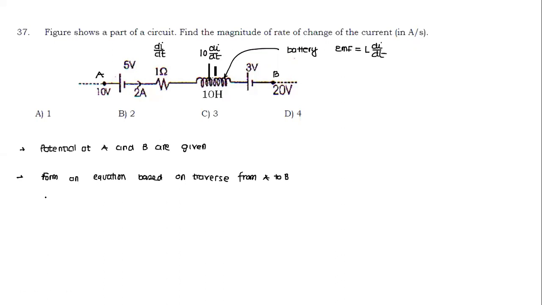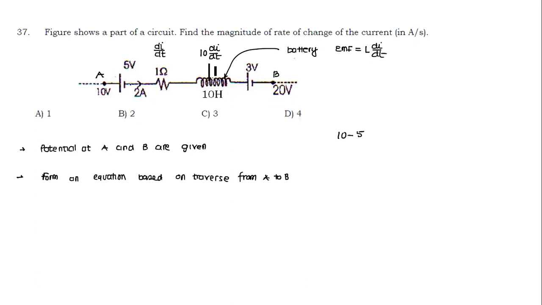Now let me write an equation. The only new thing we have done here is replace the inductor with a battery. Now we can write an equation. You start from A. I start walking from here, plus to negative, hence with a minus sign.